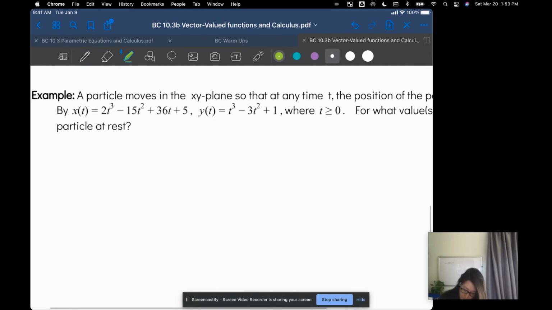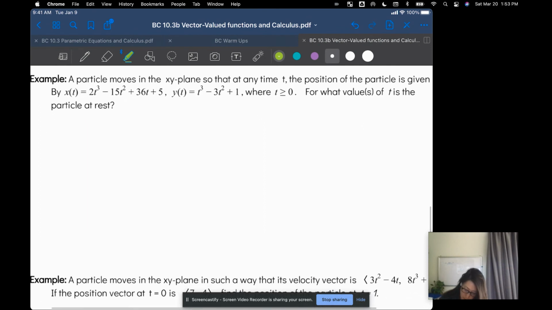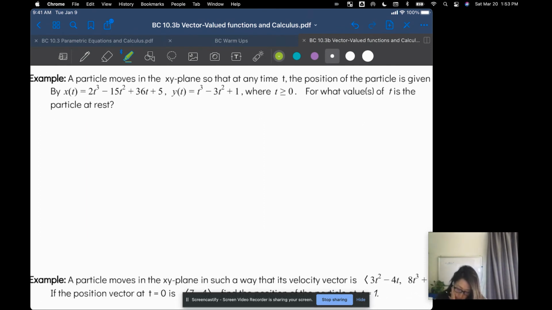Couple more. A particle moves in the xy plane so that at any time the position of the particle is given by x of t is equal to 2t cubed minus 15t squared plus 36t plus 5. And y of t is equal to t cubed minus 3t squared plus 1, where t is greater than 0. For what values of t is the particle at rest?